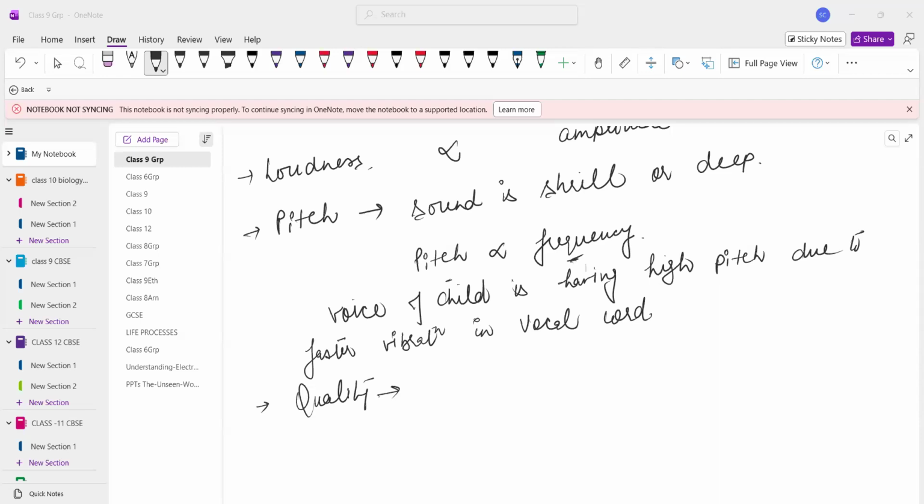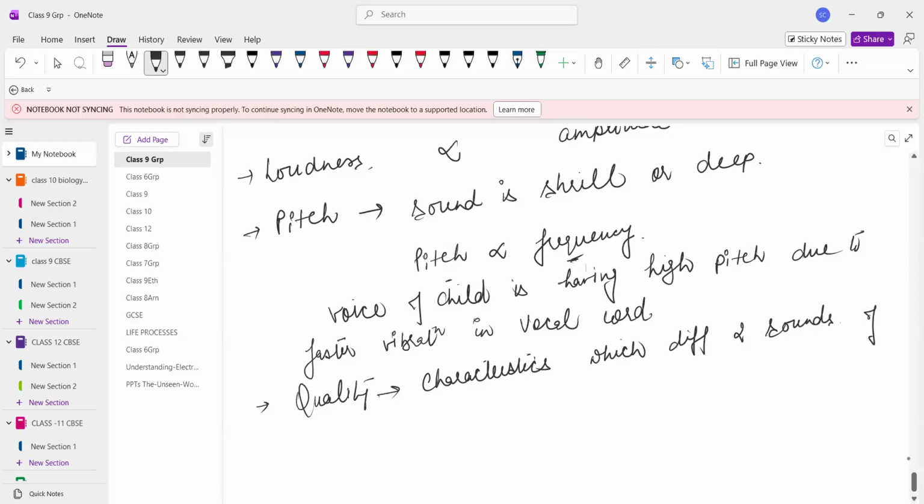Quality is the characteristic which helps us to differentiate between two sounds of the same loudness and same pitch.